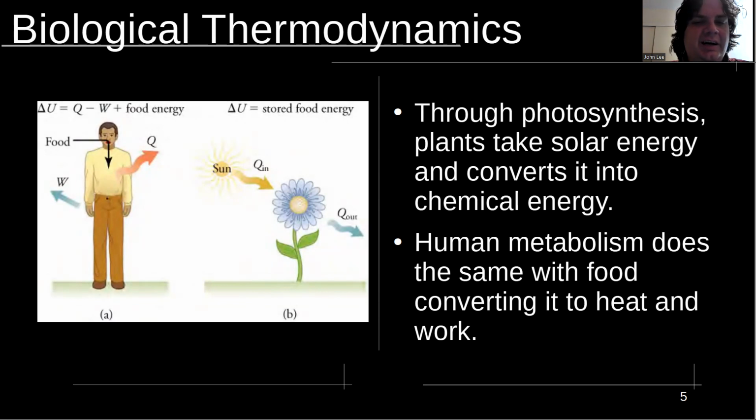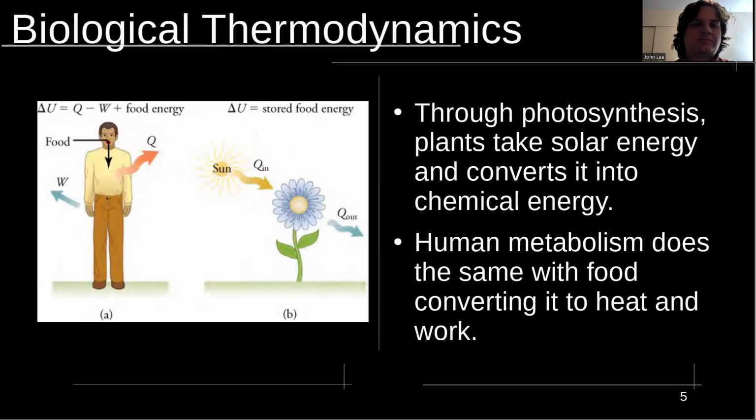This conservation of energy is something that we see a lot in biological processes. So you don't need to worry about the variables or the equations here. Q means heat, U means energy, and W means work.